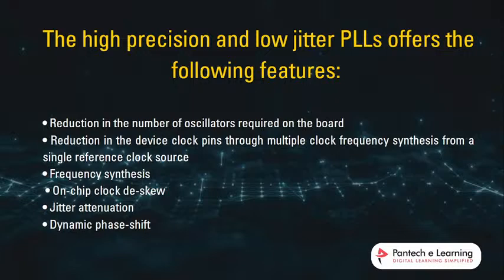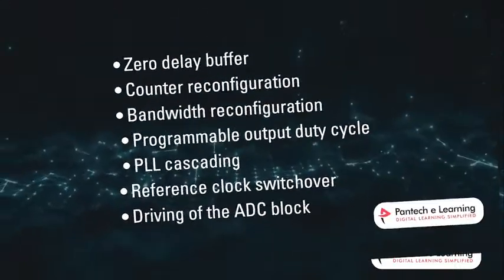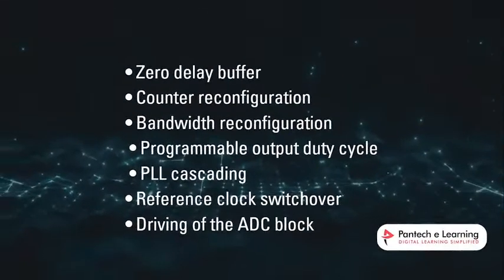Jitter attenuation is nothing but noise attenuation. Some clocks have noise, and if you want to clear the noise, you can do that by using the PLL. And a zero delay buffer, counter reconfiguration, bandwidth, programmable output duty cycle, PLL cascading, reference clock switching, and driving an analog to digital block. These are the main features of the PLL.